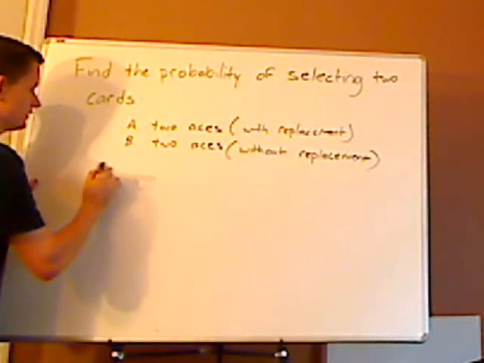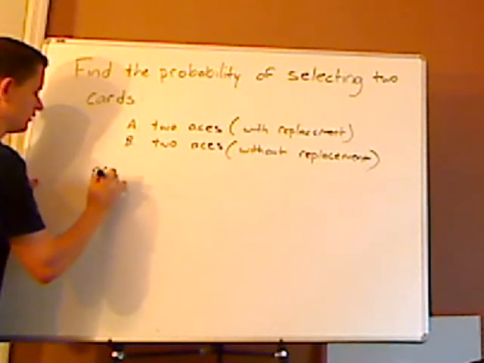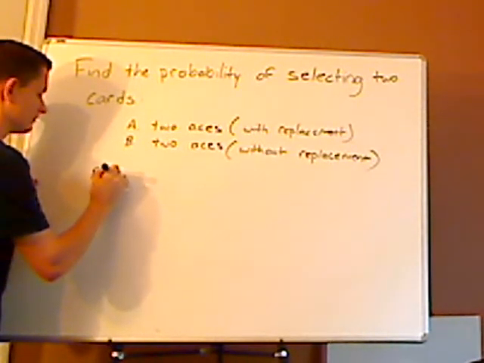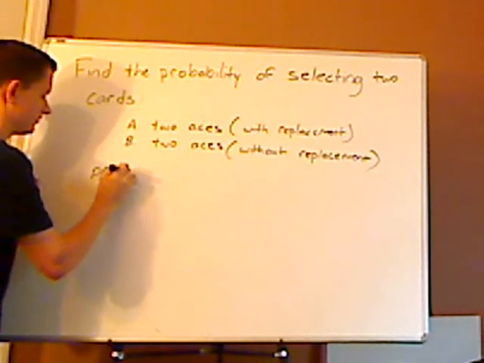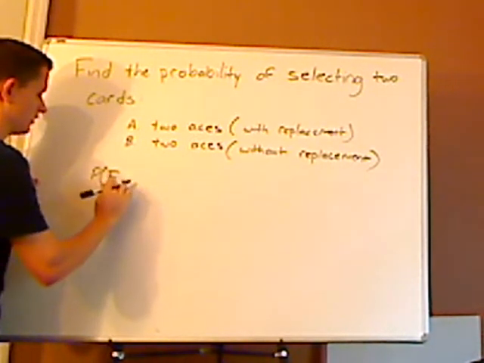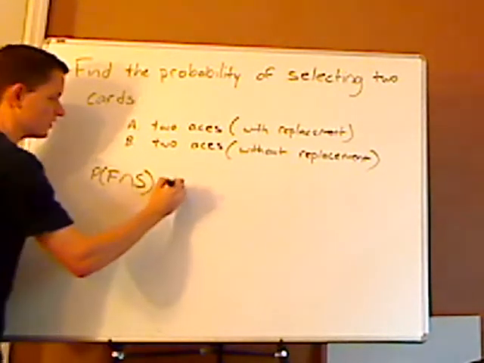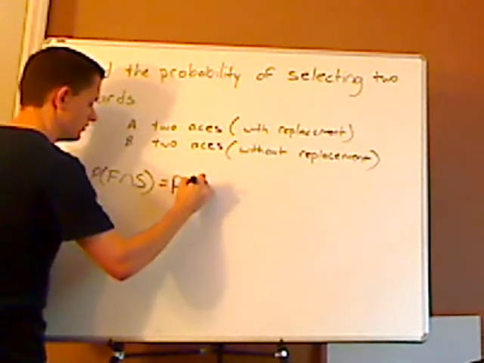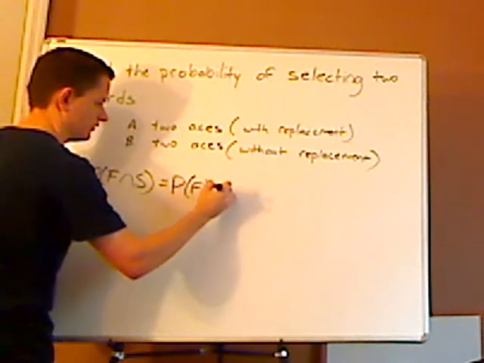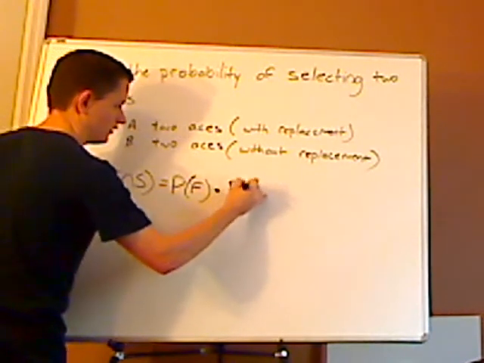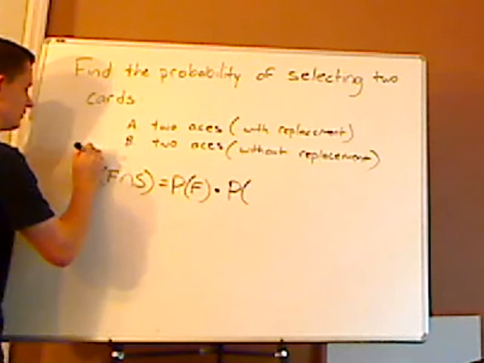When they're independent, the probability of, say, the first card F and the second card, you simply multiply those two probabilities together. And this is letter A.